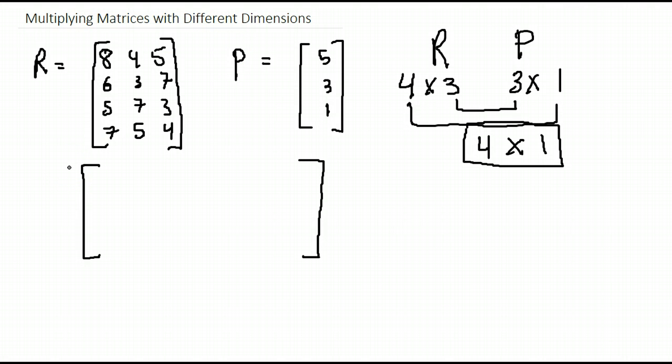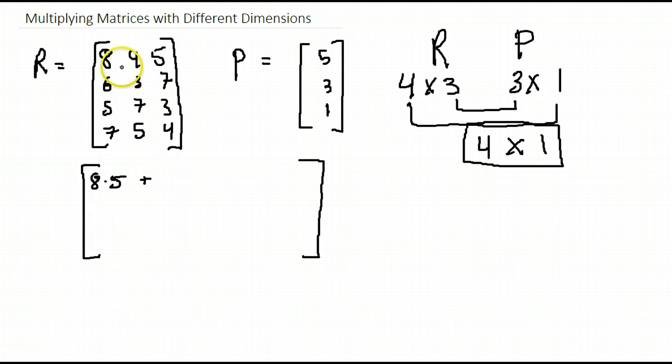So the way we're going to do this first is we're going to do these in rows, so it's easier to write. We're going to multiply the first column by the first row, which is an 8 and a 5. So we have 8 times 5.